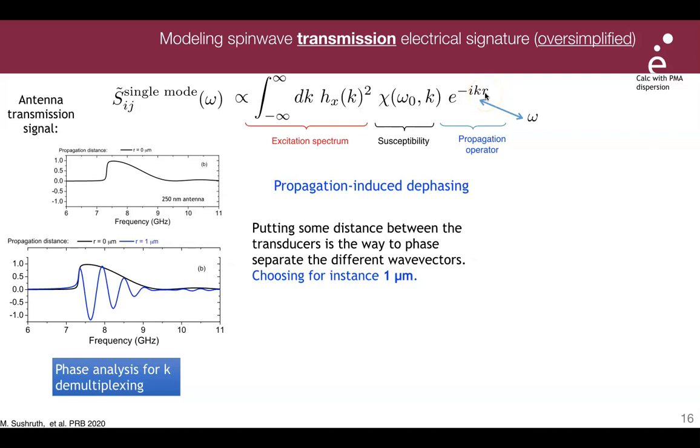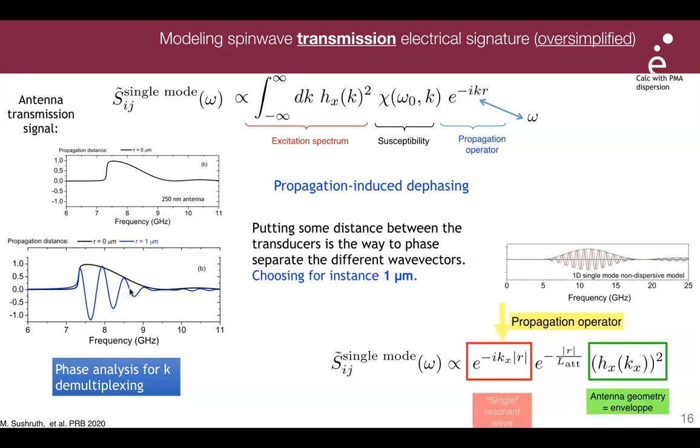And so you immediately see that in propagating spin wave spectroscopy, you need to phase analyze your transmission coefficient, and this will help you to demultiplex the k values that you've excited. And you can make simple assumptions that the damping in your system is small, that the antenna is small compared to the attenuation length of the spin waves, and you expect a signal that looks typically like that, a transmission coefficient which is scalar numbers related to the antenna efficiency and the propagation loss of the spin waves, and a single complex number that contains the information about the k vector.